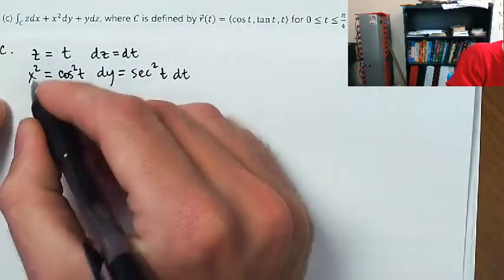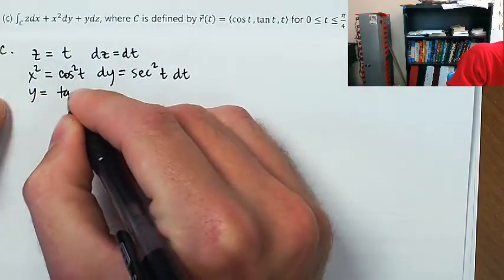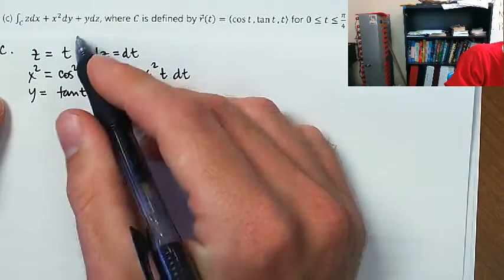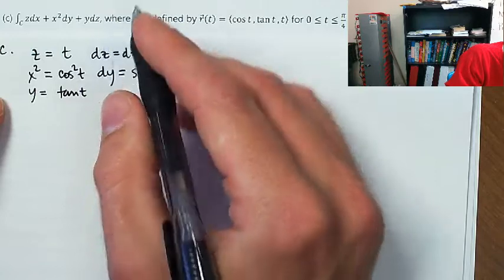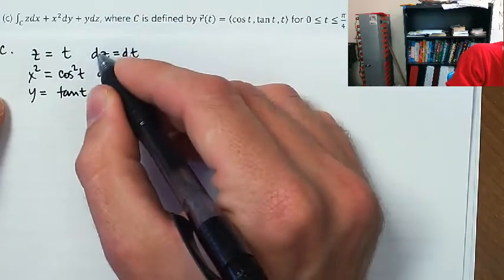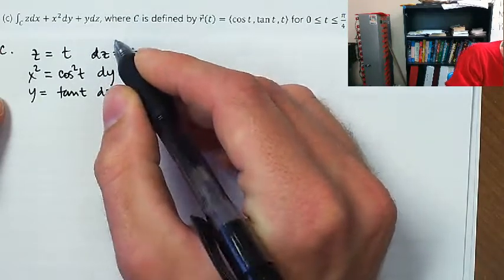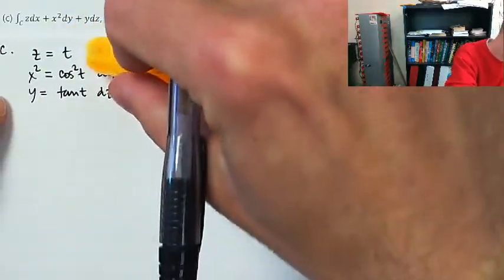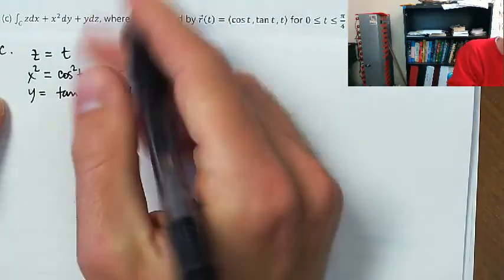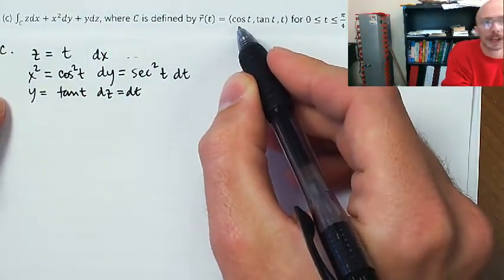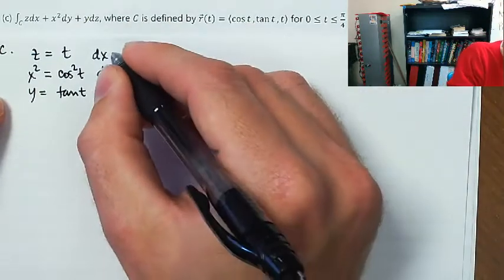And then y is equal to tangent t. That sounds troublesome. And dz is dt, so I need actually dx over here. Lost track of what I was doing there. dx is going to be negative sine t dt.